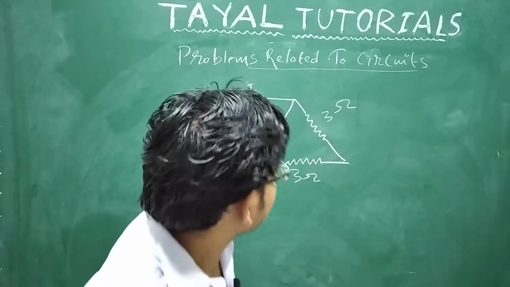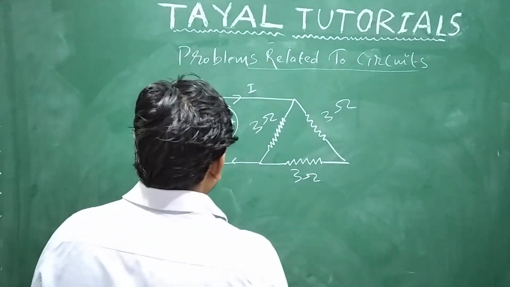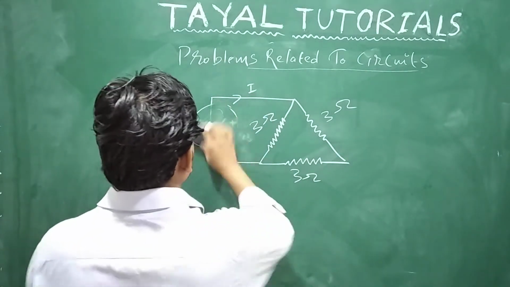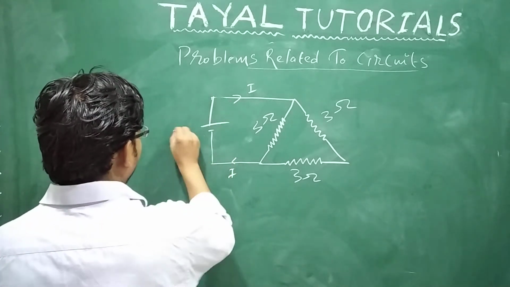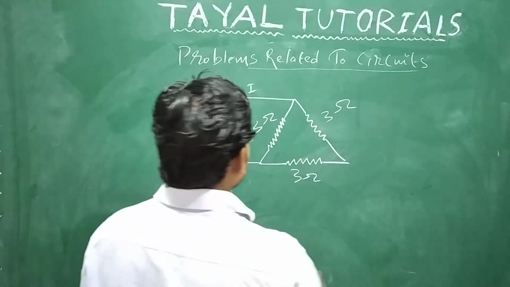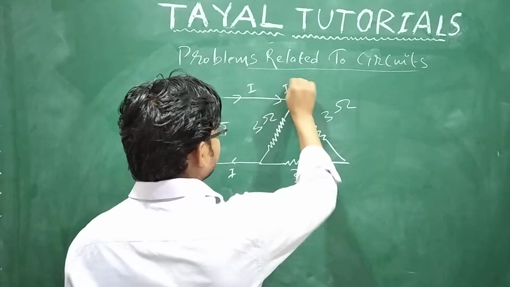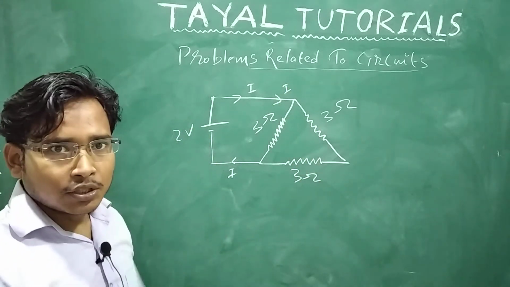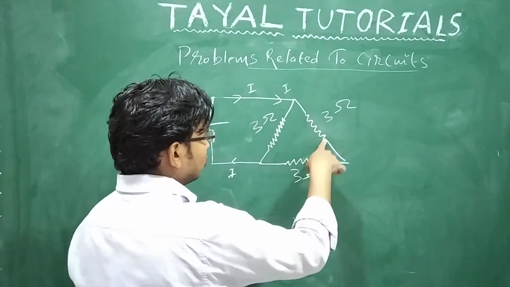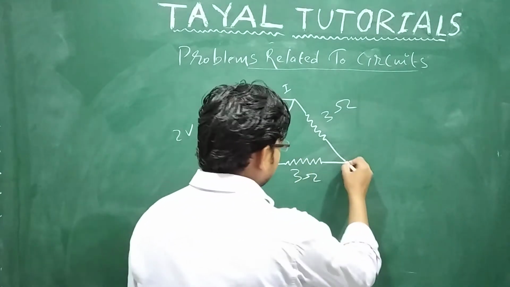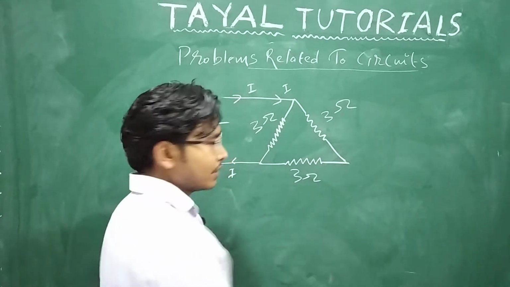So you can see this is I, this is your 2 volt battery. The current will come over here and see 2 paths. One is this 3 ohm, another is this 3 ohm and this 3 ohm. You can see that this 3 ohm and this 3 ohm are in series.